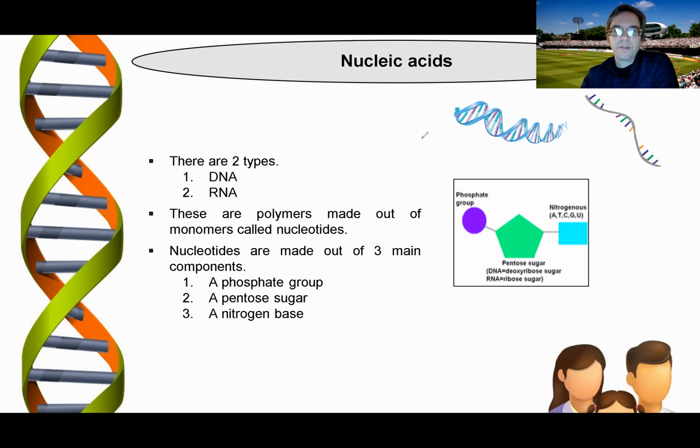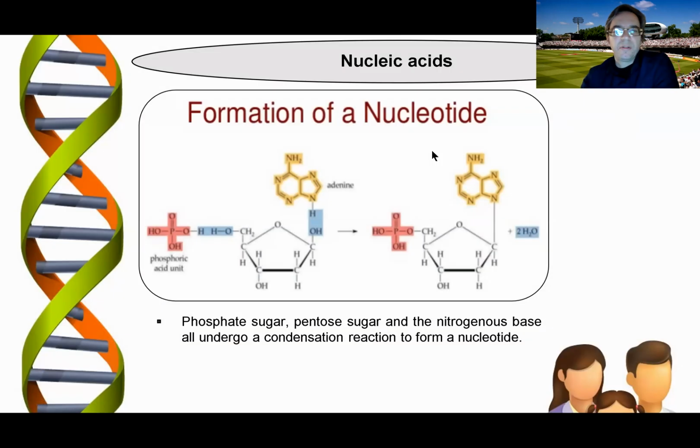If we move on to the next, we're going to consider how nucleotides are formed. This is the chemistry part of DNA. So formation of a nucleotide. We discussed the subunits of a nucleotide being the phosphate, sugar, and nitrogenous base. This is quite a good illustration.